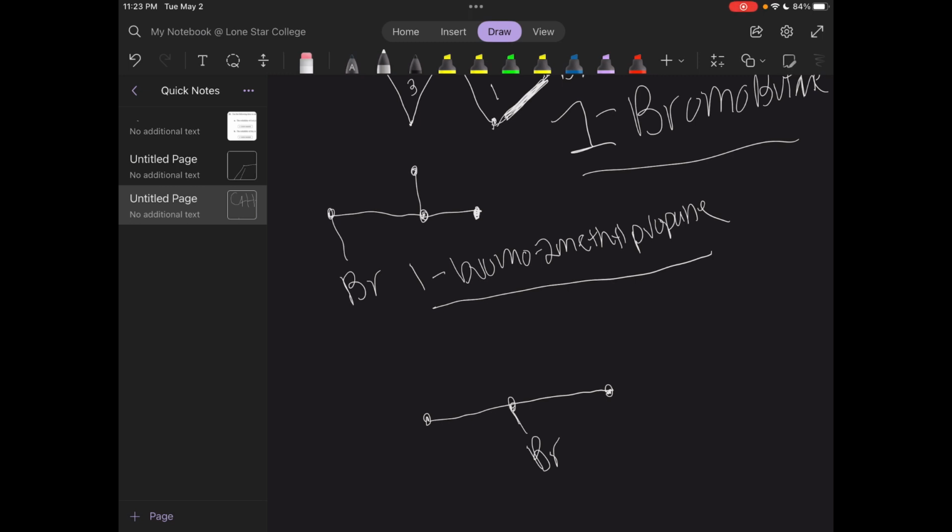This is tough, man. I could maybe just put like a methyl right here. So 1. No, wait, that would make no sense. That makes no sense, because I need the bromide first anyways. It's the same thing as the last one.